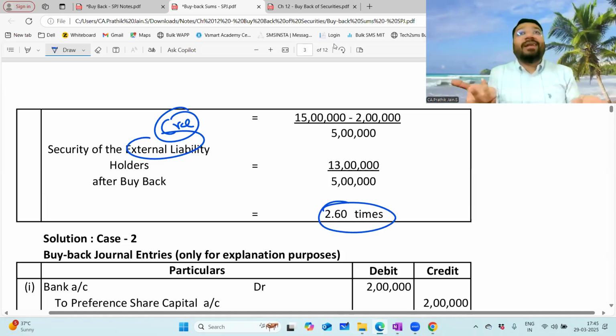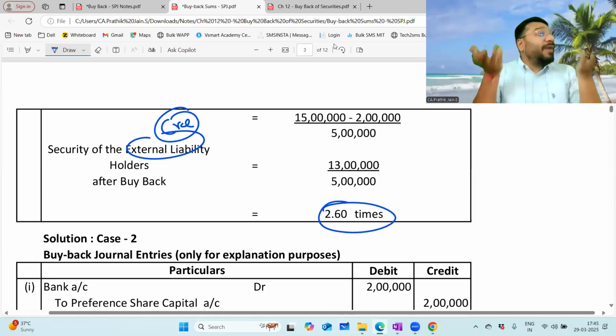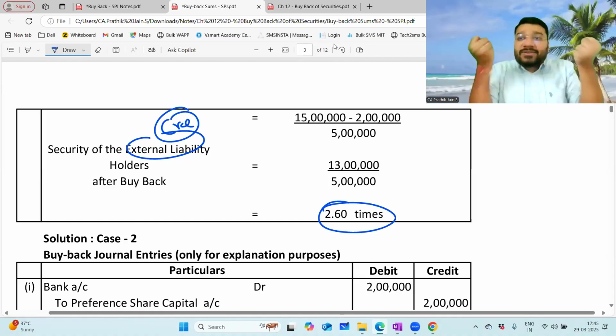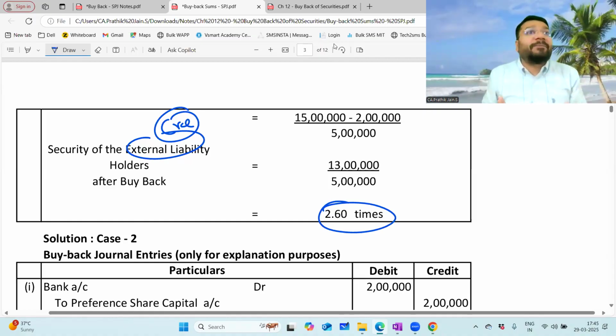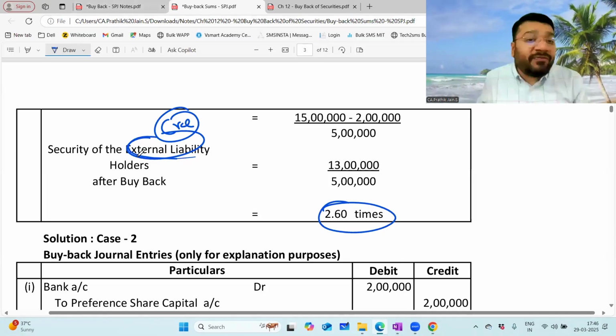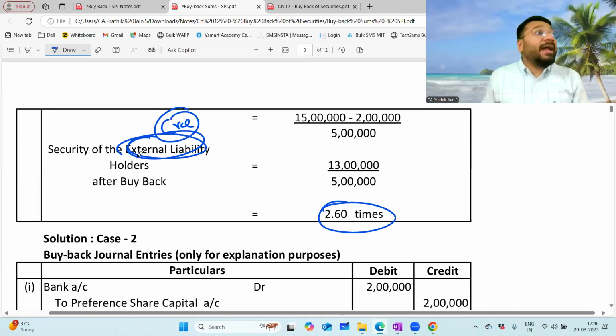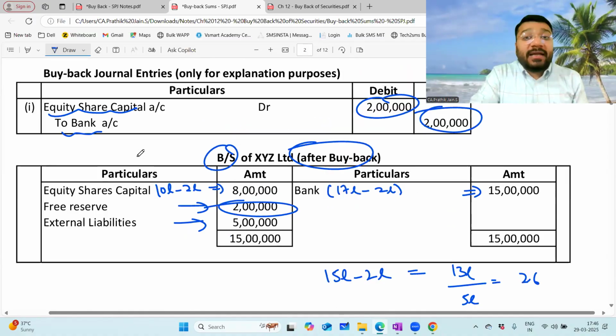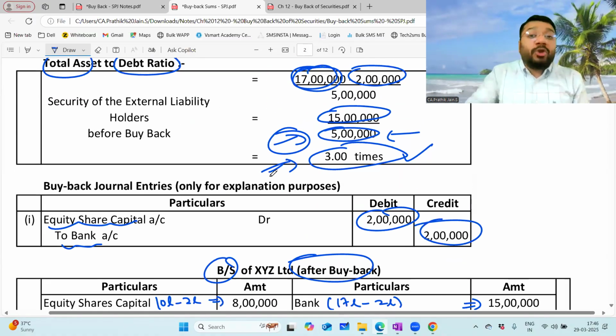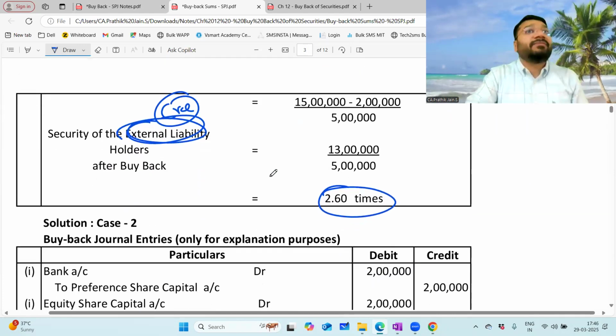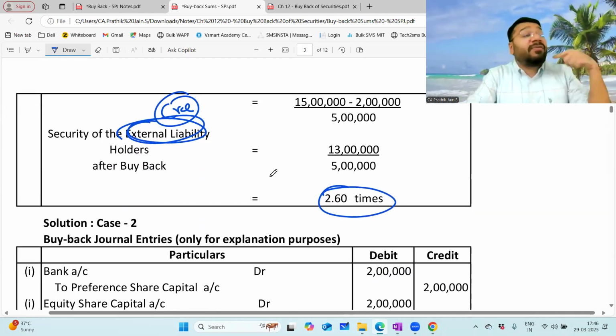And that too, the motto of the company was not this. The company is doing well only. That is why it is doing the buyback. Why is the company doing buyback? It has got extra money. They want to buy back the shares. It's okay. Everything is good. But because of the steps you followed, this person is now under fear. Fear that earlier I was getting 3 times security, now I'm getting only 2.6 times security. Why are the shareholders taking the money away from the company?